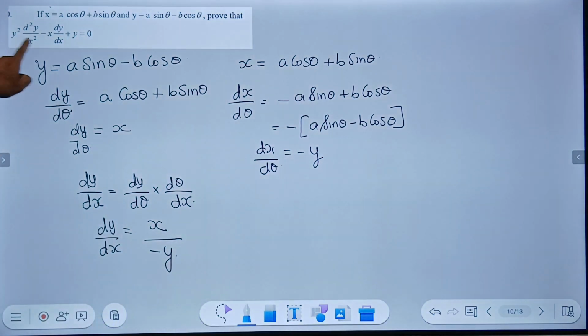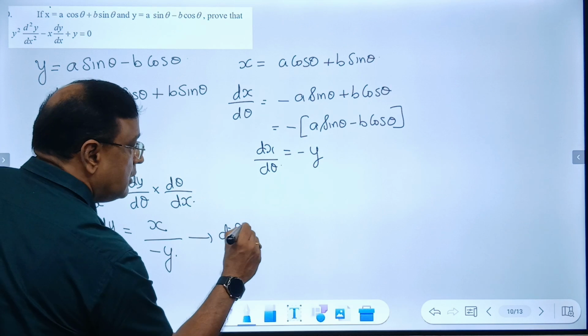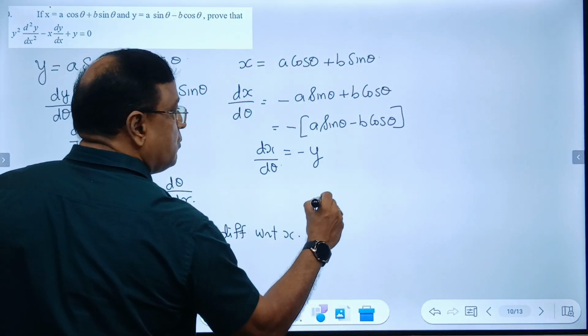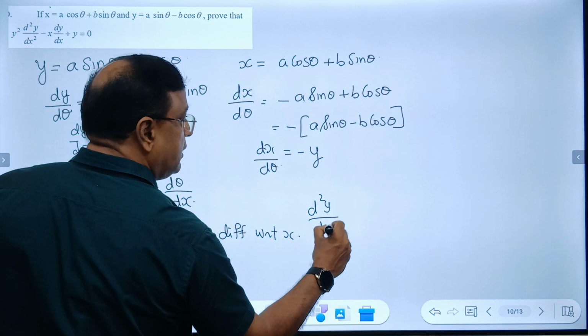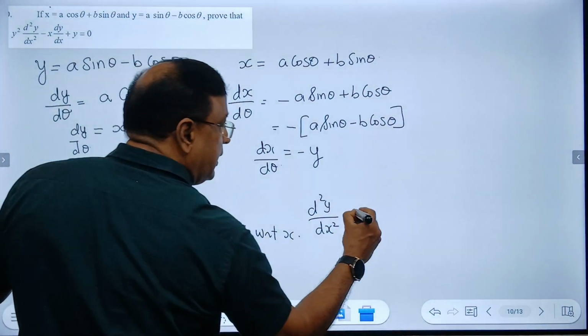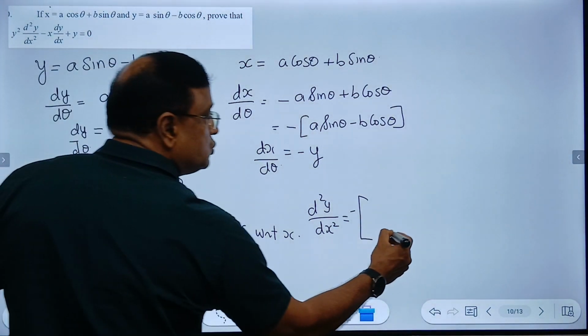I want to prove this, right? So what I will do, differentiate with respect to x. So d square y by dx square equal to, I'm going to use quotient rule. First I will keep the minus outside completely. This minus I keep outside. What is quotient rule?